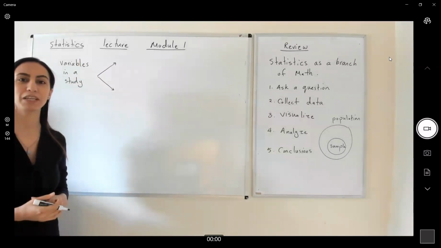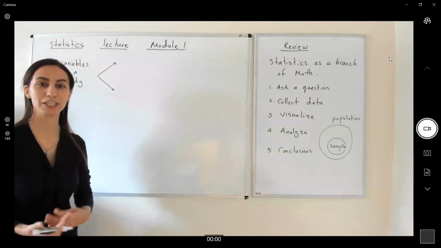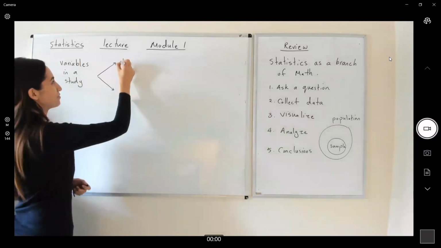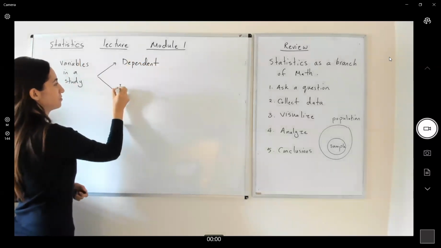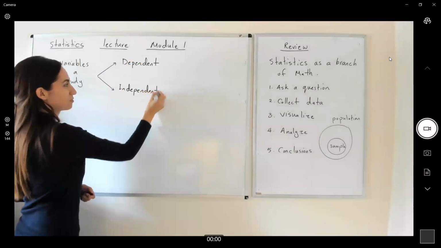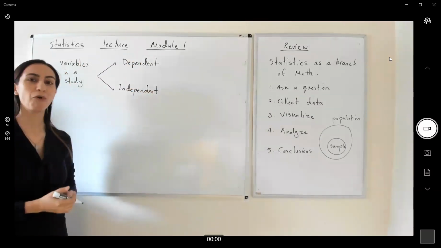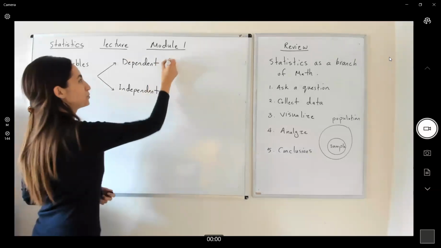The first type of variable is called dependent. The other one is free or independent. Another name for the dependent variable is response variable.